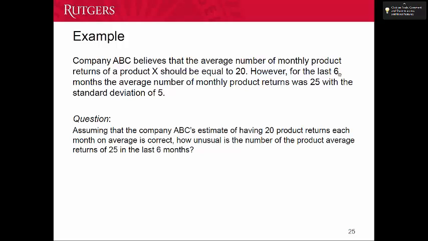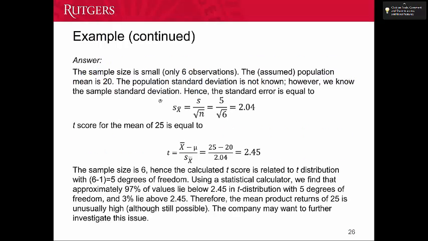The mean of the sample equals 25, and the standard deviation of the sample is 5. So that's all we know. The sample size here is quite small, only 6. So in this case, we should use the t-distribution instead of the normal distribution.